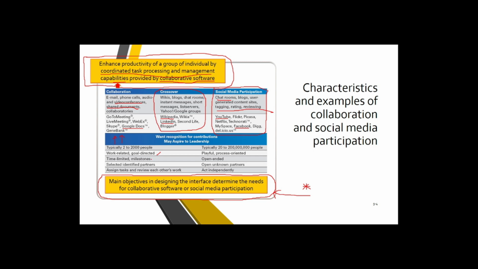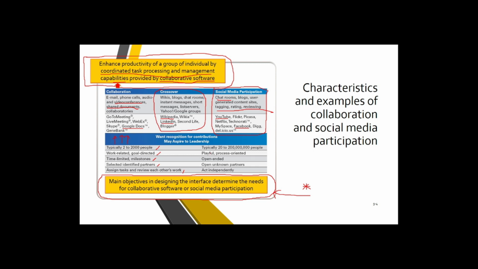Additionally, if it is targeted at a small number of people, let's say 2 to 2,000 people, and it has a time limit, it should end at a stipulated time. It also has identified partners or identified users who assign tasks and review each other's work, then we should consider collaborative software.